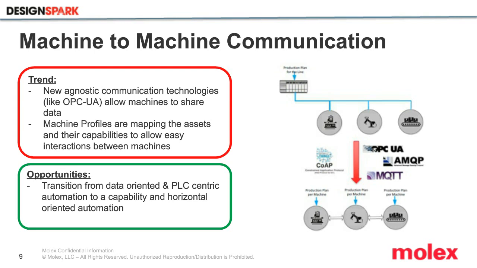Machine profiles, technology profiles, or application profiles for OPC UA are also currently in definition, in order to simplify and standardize the description of the data for the different machines and functionalities, in order to allow an easy and direct interaction between these different elements without too much programming, to transition from a data and very PLC-centric automation into a more capability and horizontal oriented automation organization.